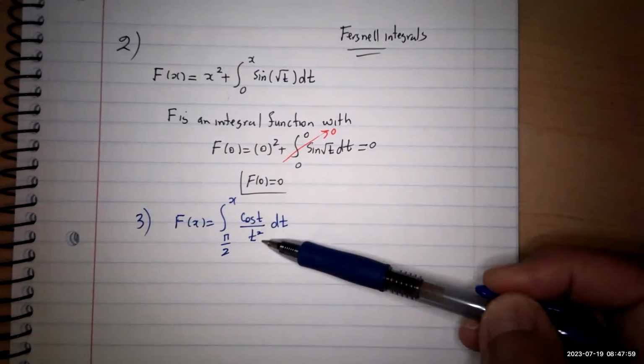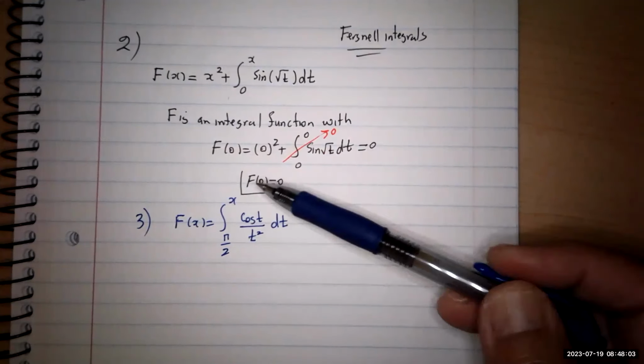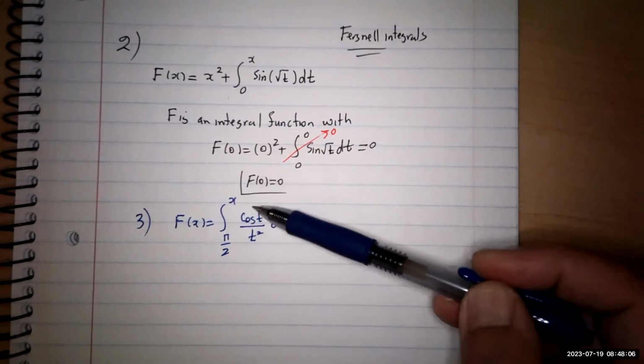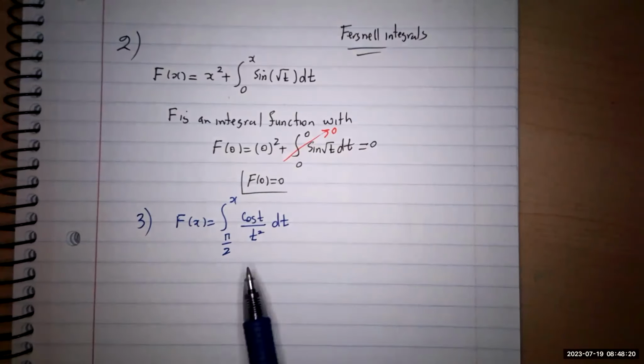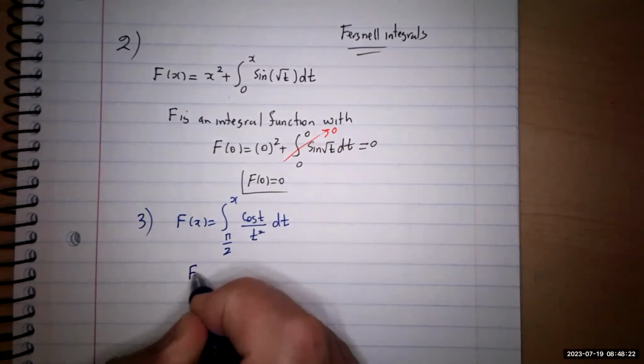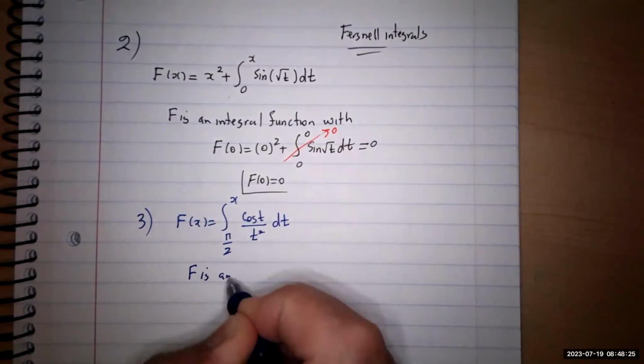You know that it's not going to be continuous when t is 0, but you start with pi half. So this means the function is continuous, so this integral is possible to find, but we can't do it with the usual techniques. For a specific number, again, we can use a calculator. So that's why we call this one an integral function. So f is an integral function.